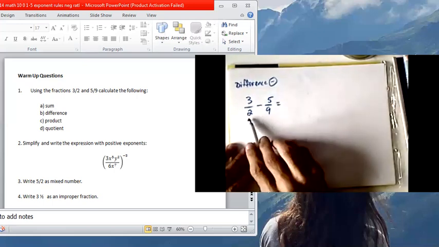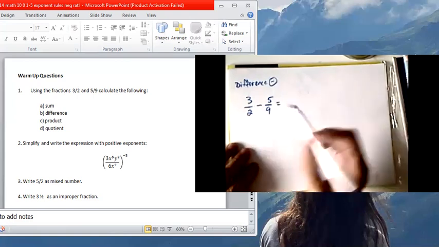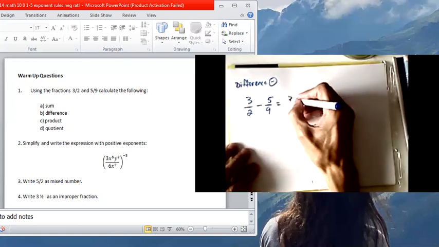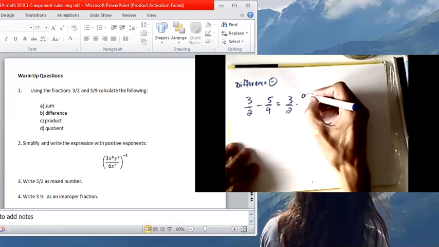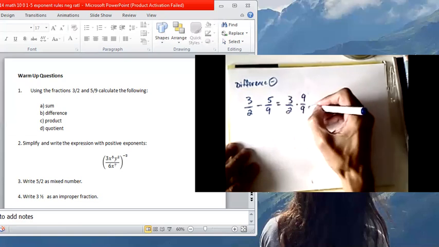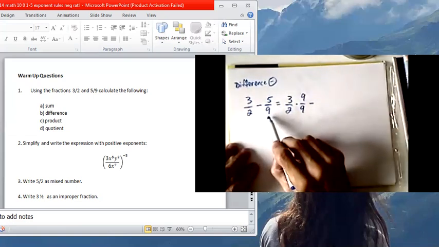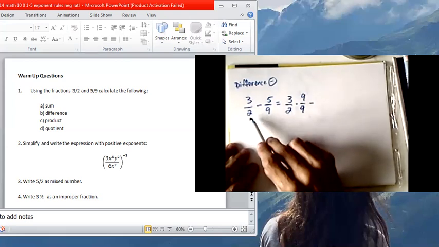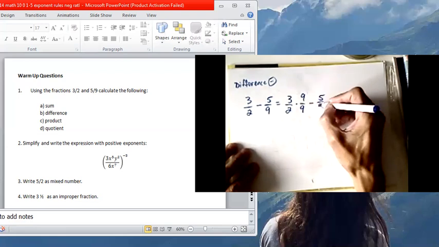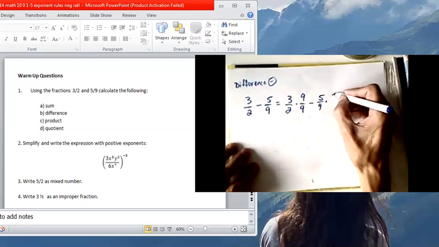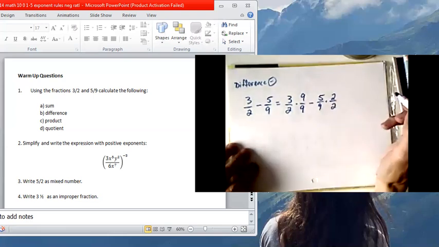So this denominator, the first one has a 2, but it needs the 9. So we give it the 9, top and the bottom. This denominator needs the 2. And so we make that happen, top and the bottom, always multiplying like that.